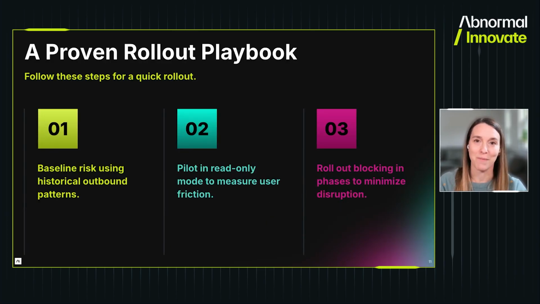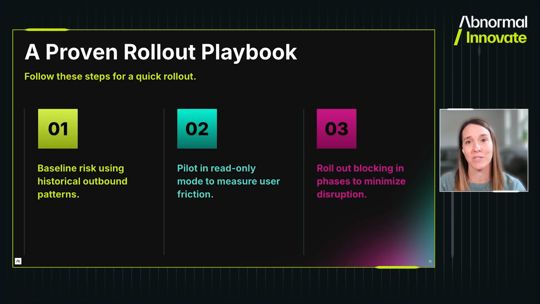Rolling out a misdirected email prevention solution really just takes three simple steps. First, you need time to baseline your risk using historical outbound patterns that will allow a system to understand what normal looks like and what's abnormal. Next, you'll want to pilot in read-only mode.